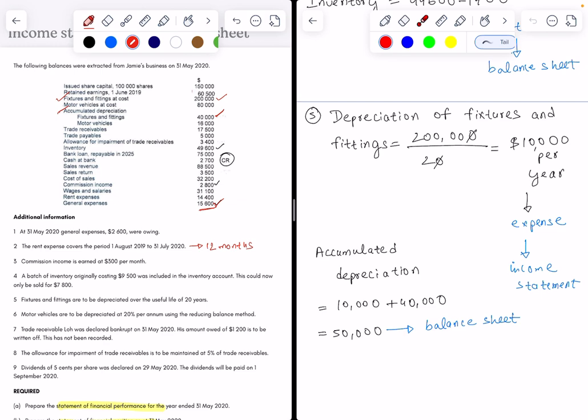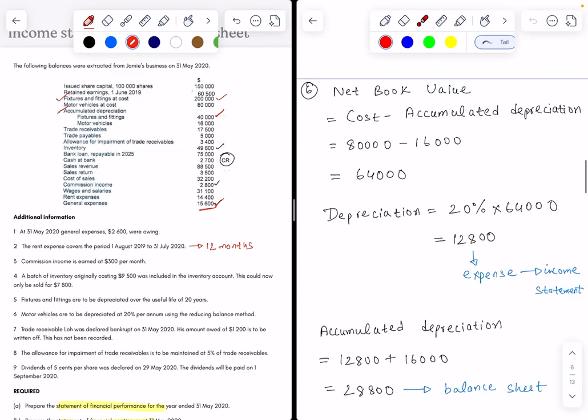Now, in this current financial year ending 31st of May 2020, we have got an additional $10,000, which is added to the $40,000. Therefore, the accumulated depreciation becomes $50,000, and this is the amount which we look to report in the balance sheet. All right, let's move to point number 6.